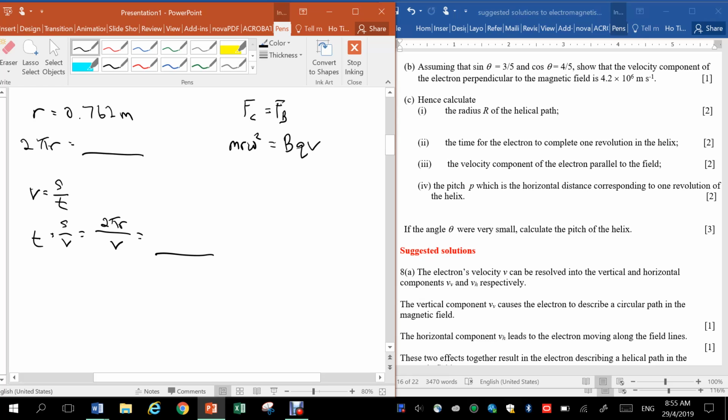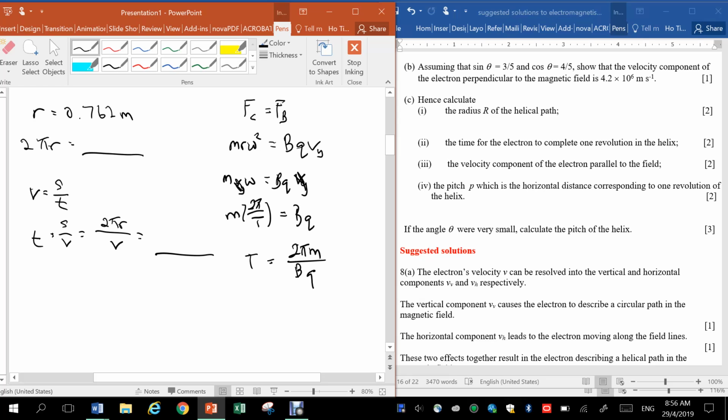We know that r omega is essentially v, so you get m v omega. And v omega equals to v, so v and v cancel out. And omega is 2 pi over T equals to Q.